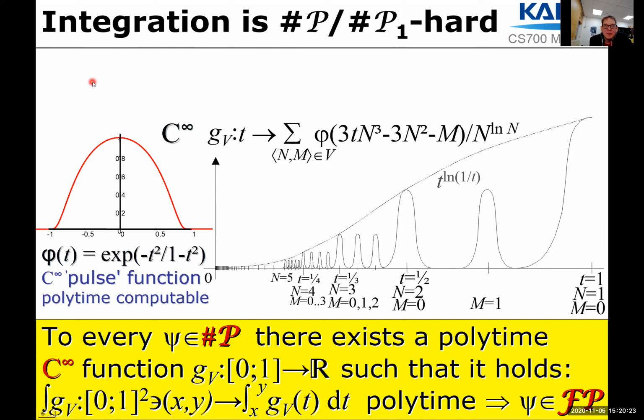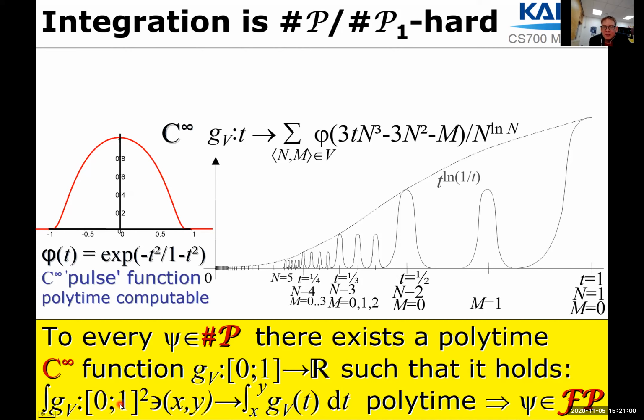So let me state again formally, again without reduction: to every counting problem in Sharp-P, so psi is now not a decision problem but a counting problem, count the number of witnesses, there exists a polynomial time smooth function, namely this here, such that the parametric integral, the indefinite integral, is polynomial time computable if and only if the original counting problem was actually already solvable in polynomial time.